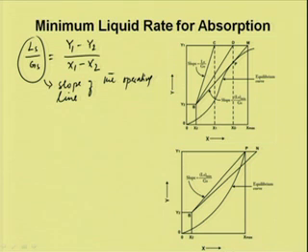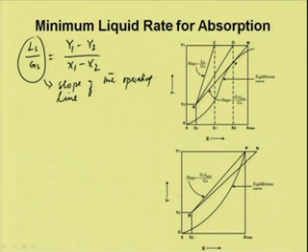Now, we know the terminal points y2, x2, and we know the slope of the operating line, and we can plot this operating line, which will cut the y1 line, so that we can obtain x1.